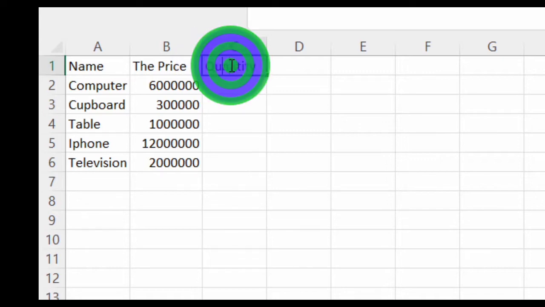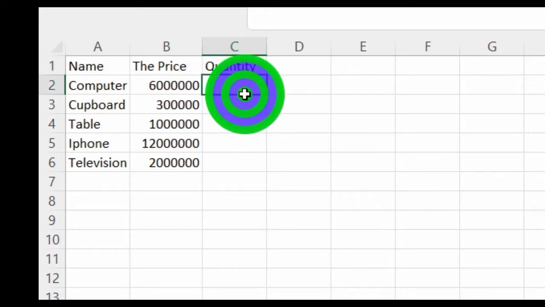The quantity that you have, jumlah yang kamu punya. For example, computer 14 pieces, cupboard maybe 5, but the table and iPhone, you don't mention how many that you have.